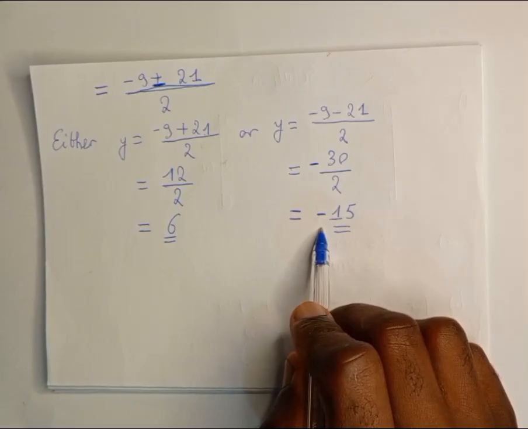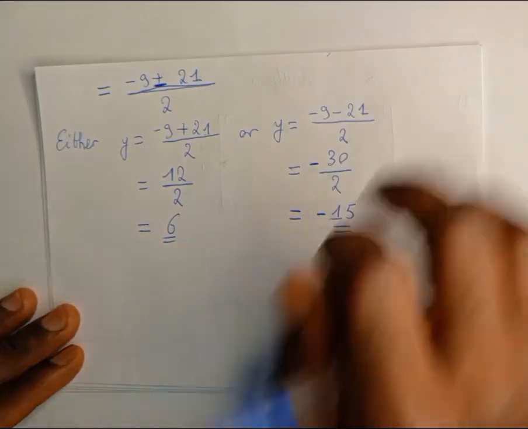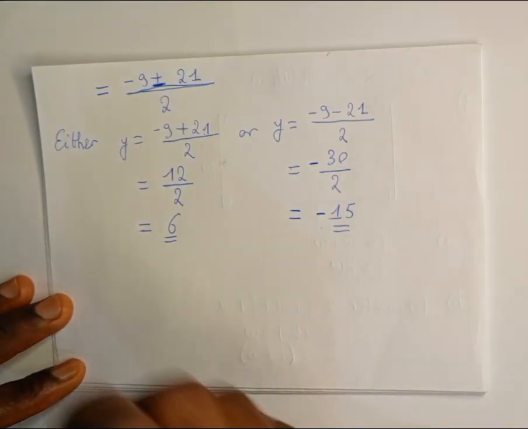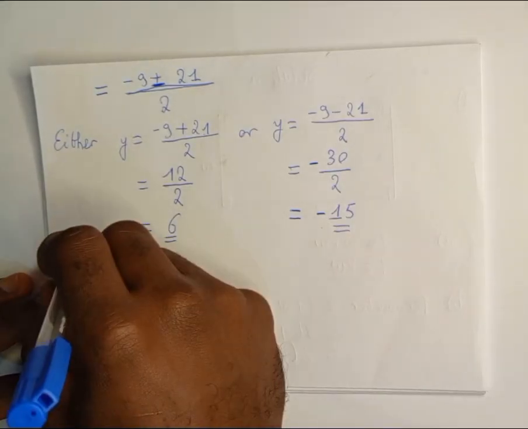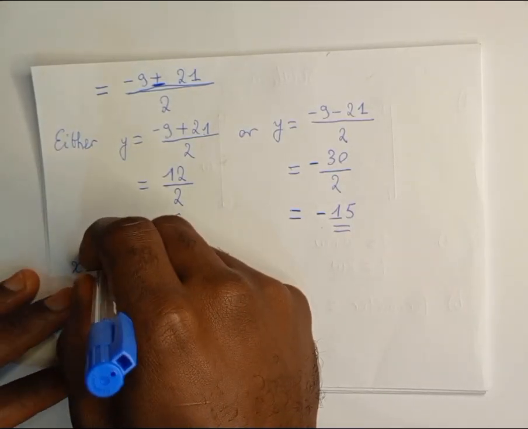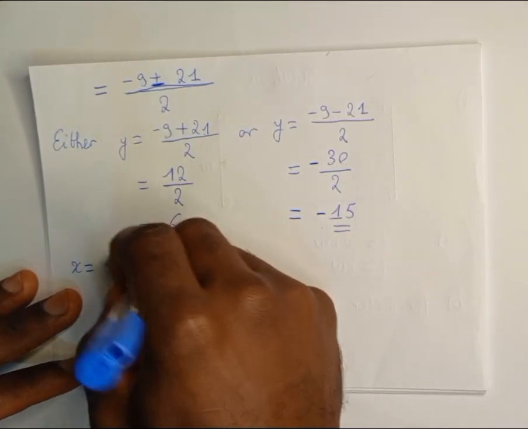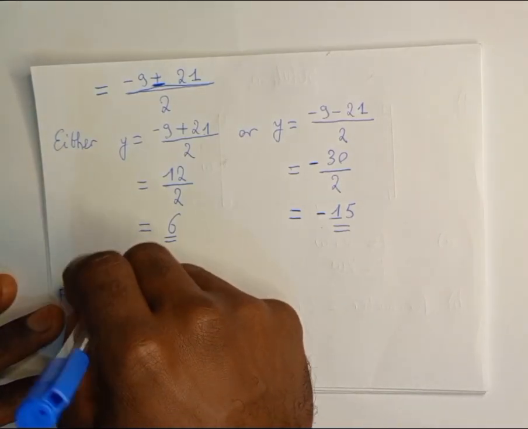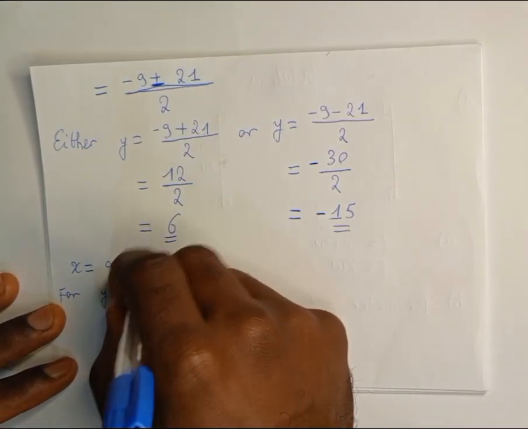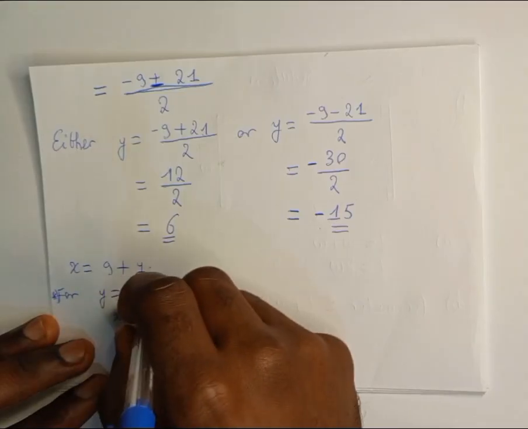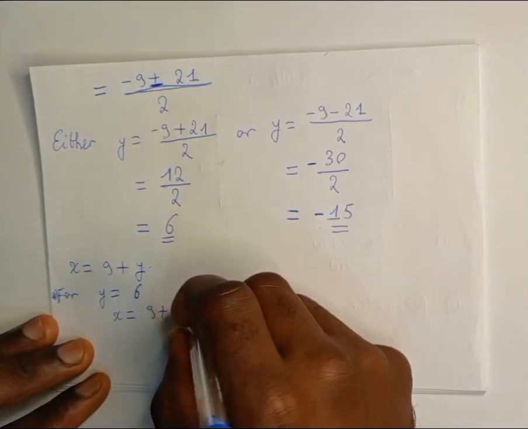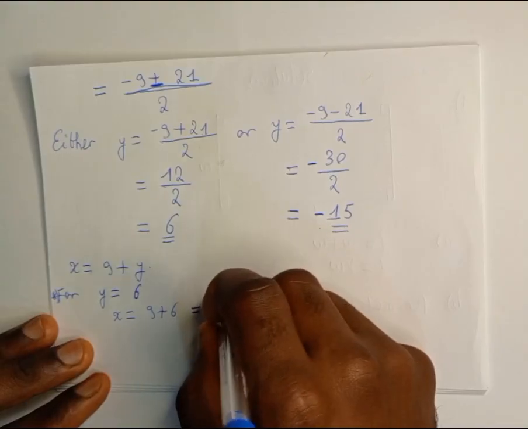Knowing the values of y, we can find the values of x. By making use of equation 2, in equation 2 we know x is equal to 9 plus y. We take the first case, for y equal to 6. x will simply be equal to 9 plus 6, which is equal to 15.